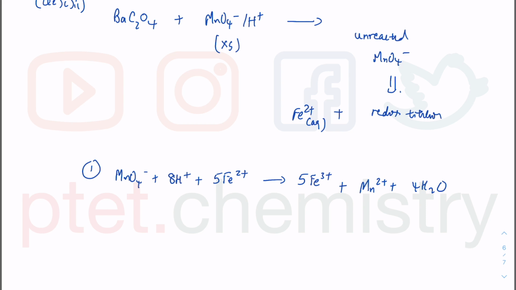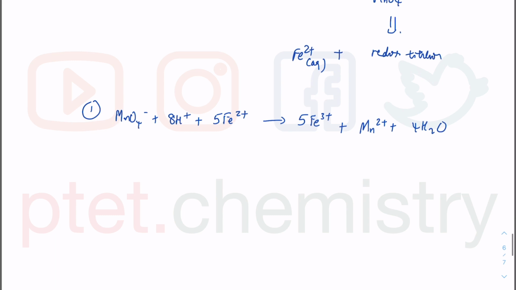What I've done is combine them to give the full equation by multiplying the iron 2 and iron 3 equation by 5, and you get 5 electrons on the right. They will cancel the 5 electrons on the left for the reduction of manganese plus 7 to manganese plus 2. From there, I can work out my mole ratio. What do I want?